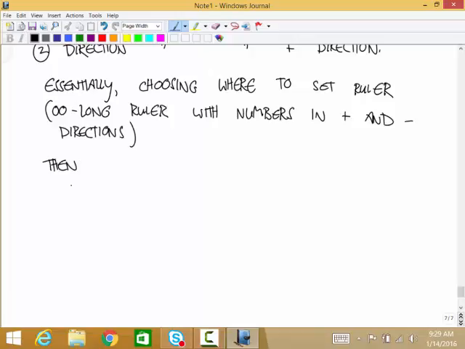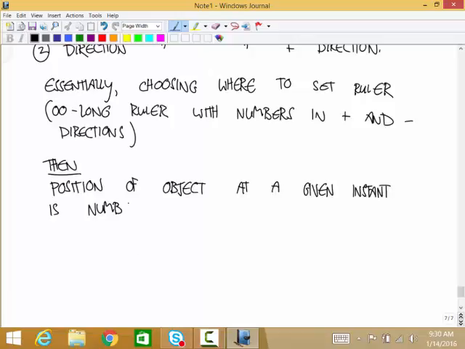Then once you've made those decisions, the position of the object at a given instant is the number it's next to on the ruler.